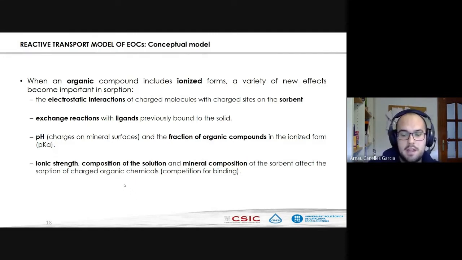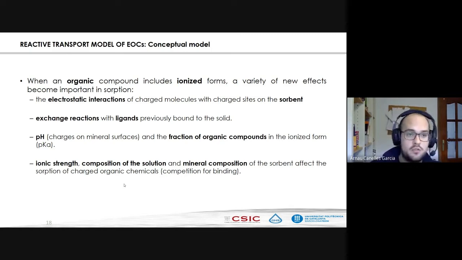But it's not only because of this organic sorption that we have processes of this kind. We also have other processes that affect our contaminants: electrostatic interactions, exchange with ligands, pH, ionic strength. All this is also taken into consideration in our model, which is based on FREEQC.